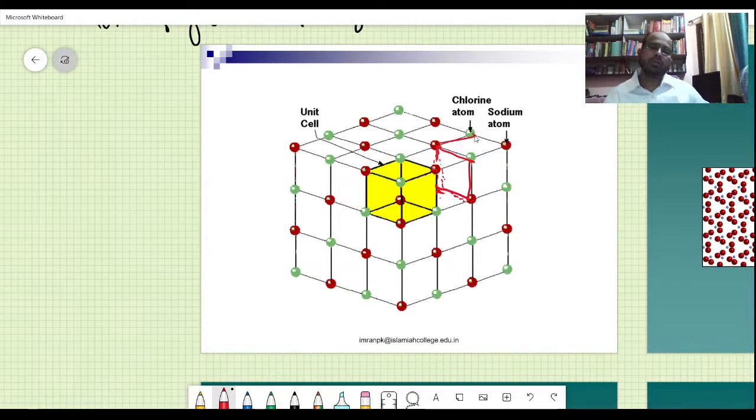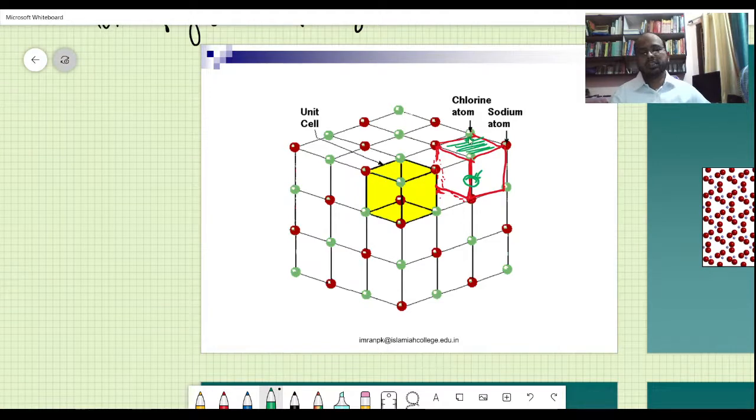You can have a cube. Okay, and there will be one more atom that will be hidden here, maybe around this particular place at the back side. So this is one face you are getting.